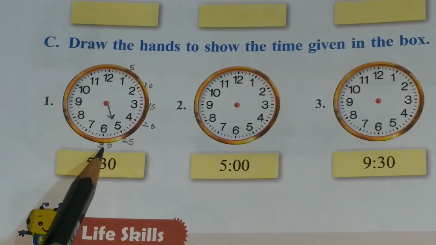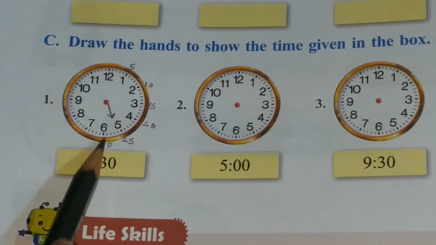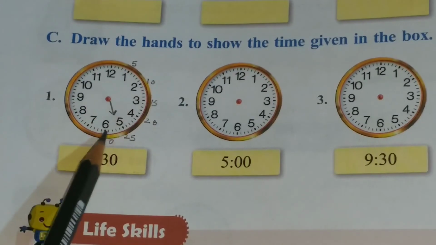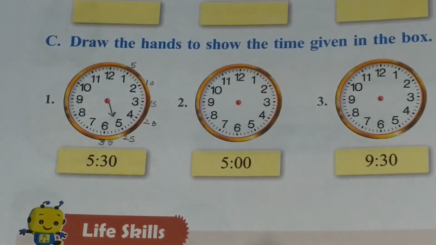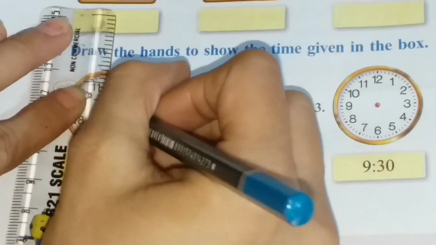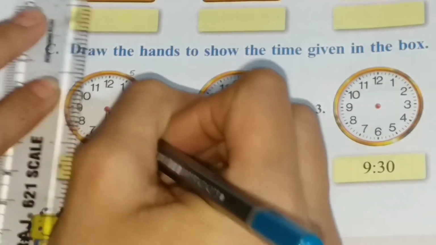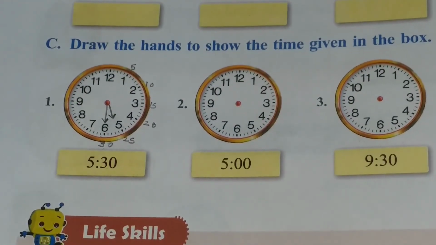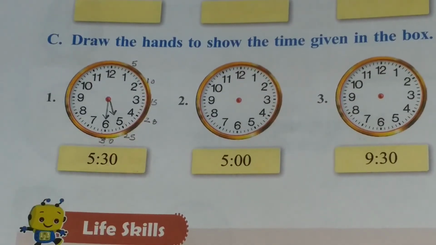So here 30 is coming. It means when the minute hand is going to reach 6, then it is going to cover 30 minutes. So you are going to draw the minute hand pointing towards 6. Okay, like this. So the time 5:30 is shown on the clock.